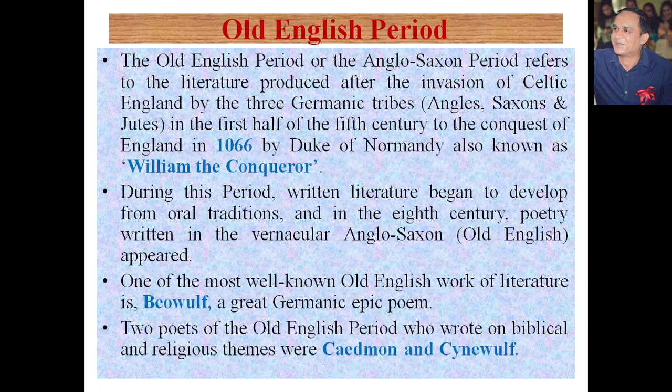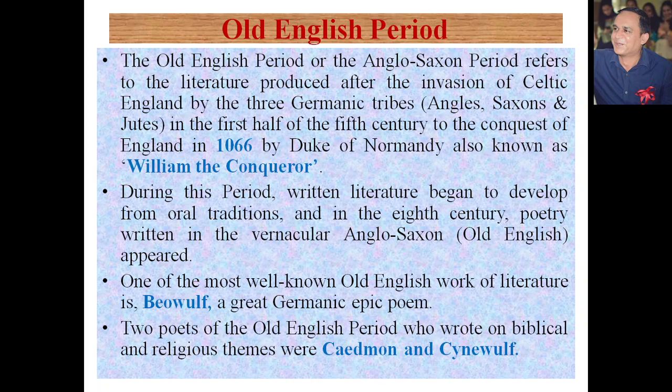So this Old English period continues up to 1066, and this was the time when the Duke of Normandy, also known as William the Conqueror, came.